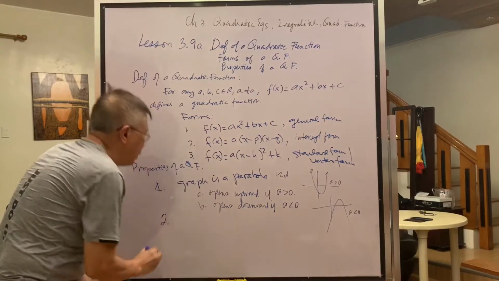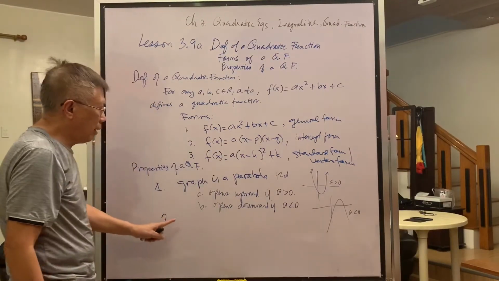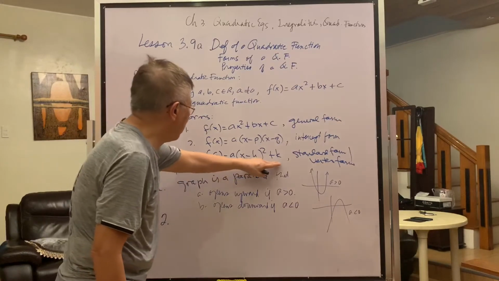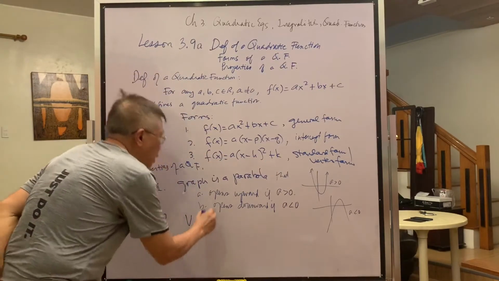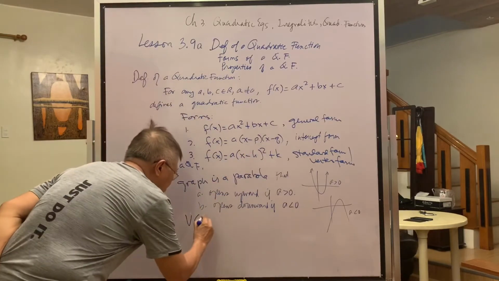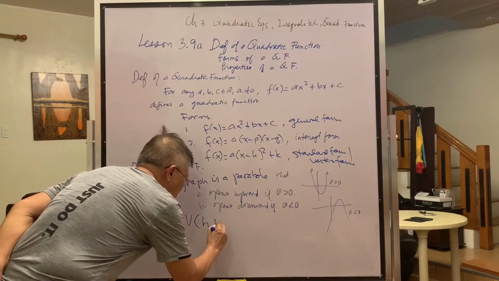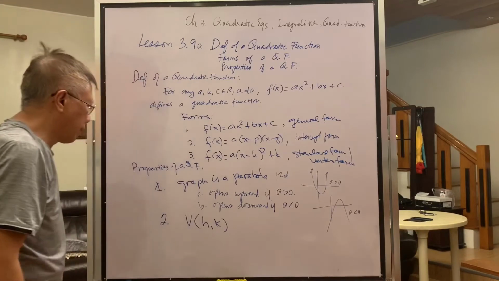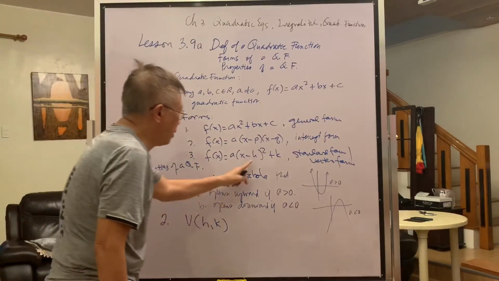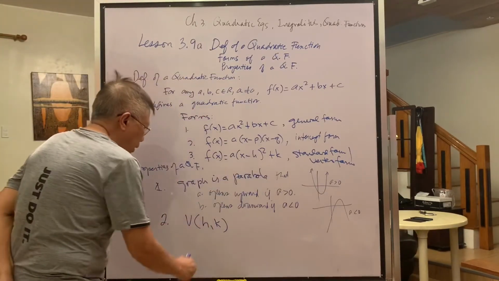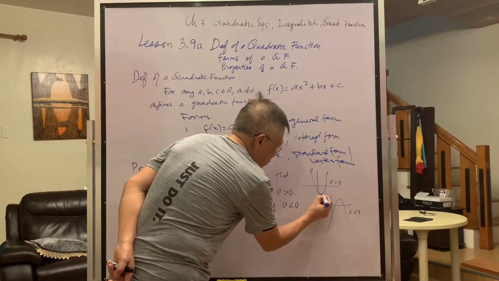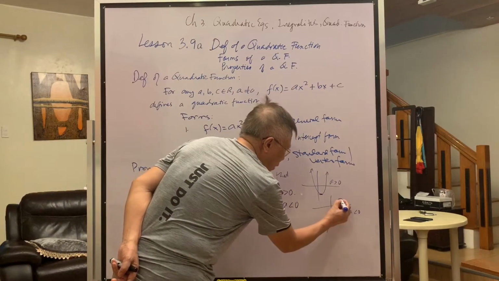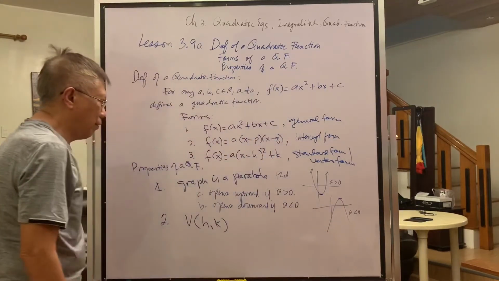Number two property, we can get from this form here that the vertex coordinates are h and k. Okay, h and k, and this vertex will either be the lowest point of the graph or the highest point of the graph.